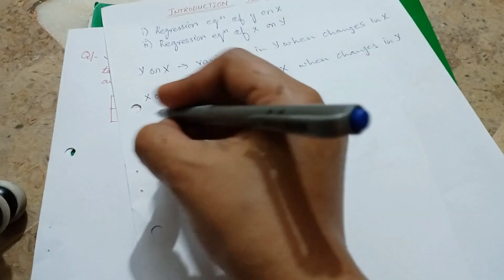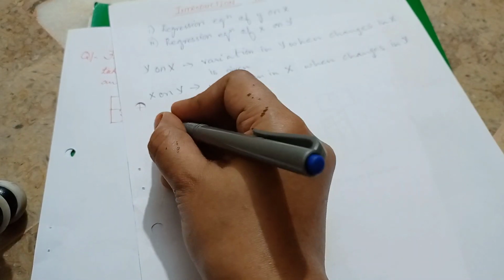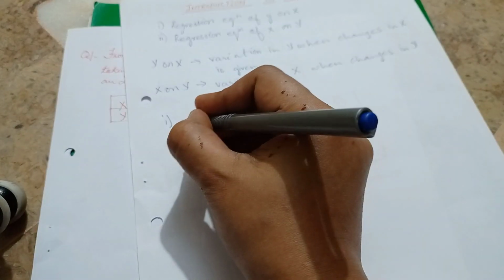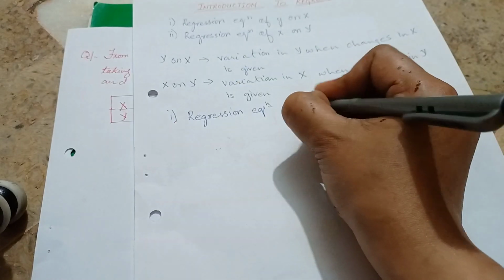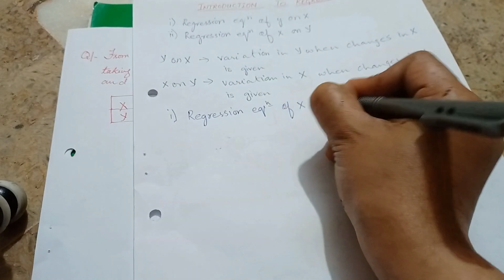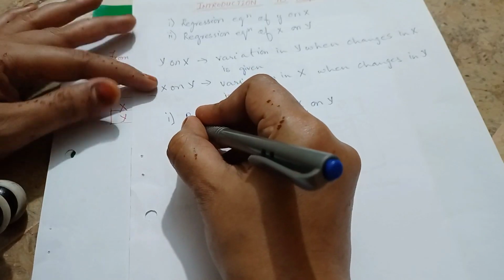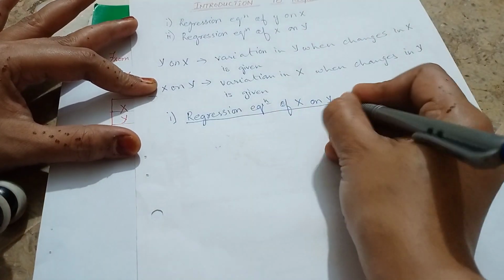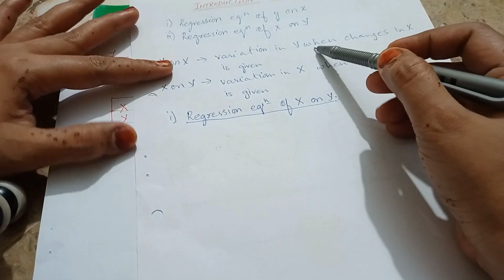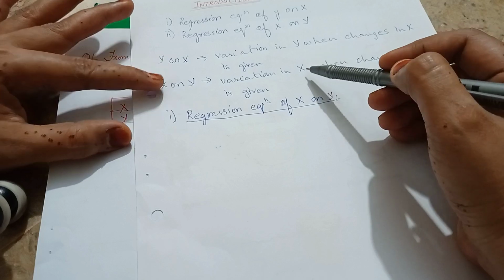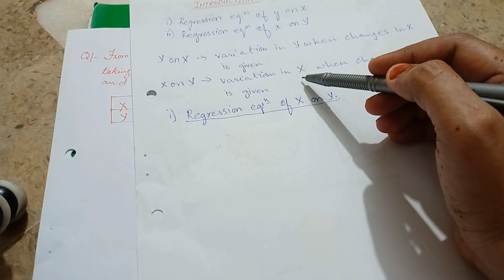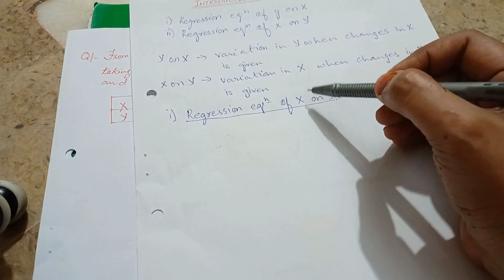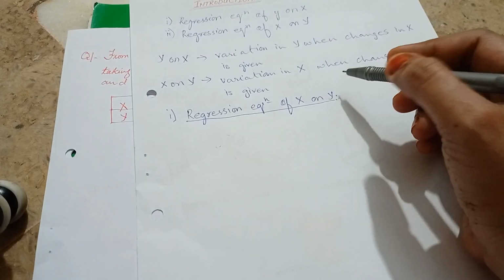Now what will be our next procedure? Number one, regression equation of x on y. We will make the regression equation of x on y from this explanation.